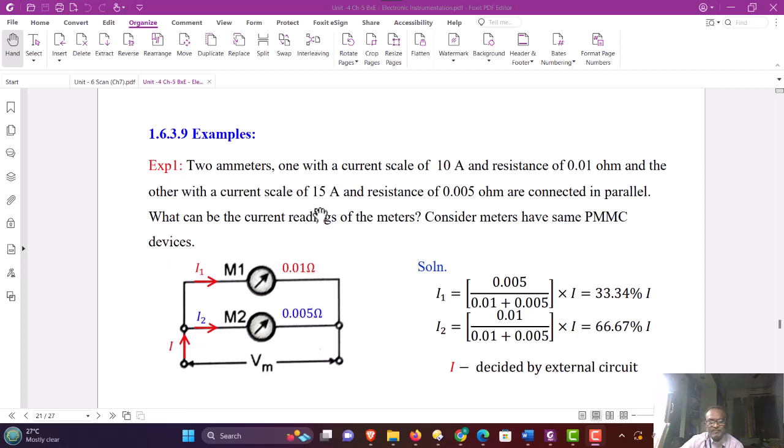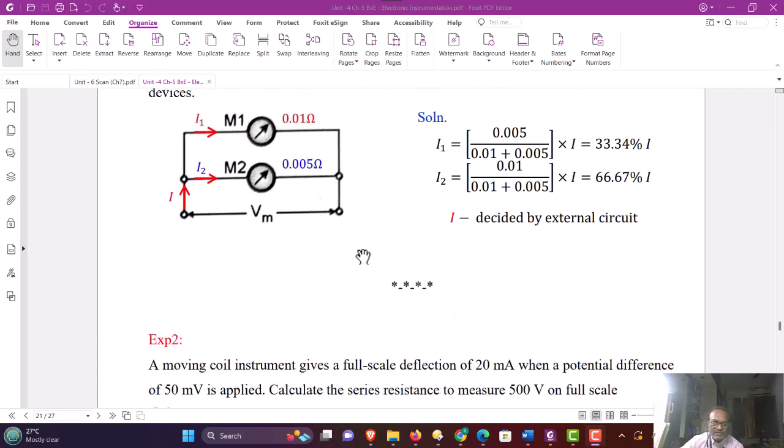So 15 ampere meter shows the 66% of reading and 10 ampere meter shows 33% of reading. The total will be 66.67 plus 33.34, that is 100%. So total current I will be divided in two parts and each meter is reading the part of the current flowing through it on the dial.